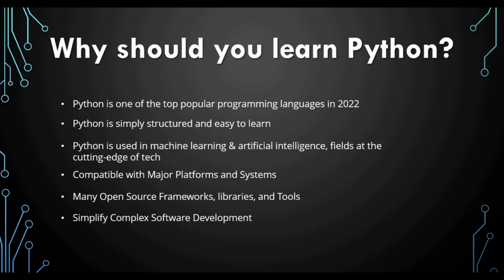Python also simplifies complex software development. Usually you may use different languages, some for web-based applications, some for desktop applications, and so on. But Python can be used for desktop or web-based, so it has a lot of options and simplifies the software development life cycle.